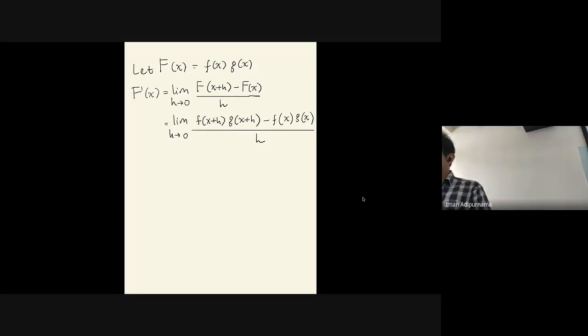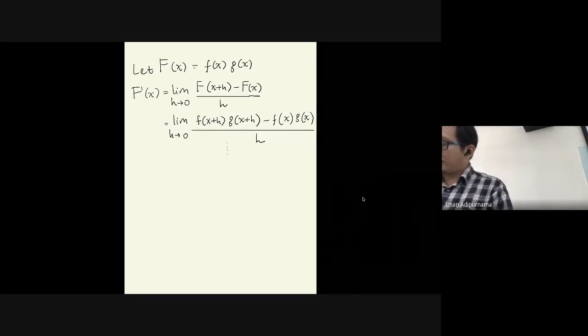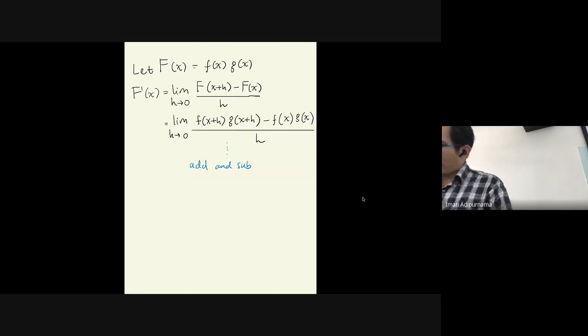This is a little bit trickier than before. Before, we were solving through a pattern in exponential and polynomial functions, right? Here, at the top, we add and subtract f(x+h) and g(x).